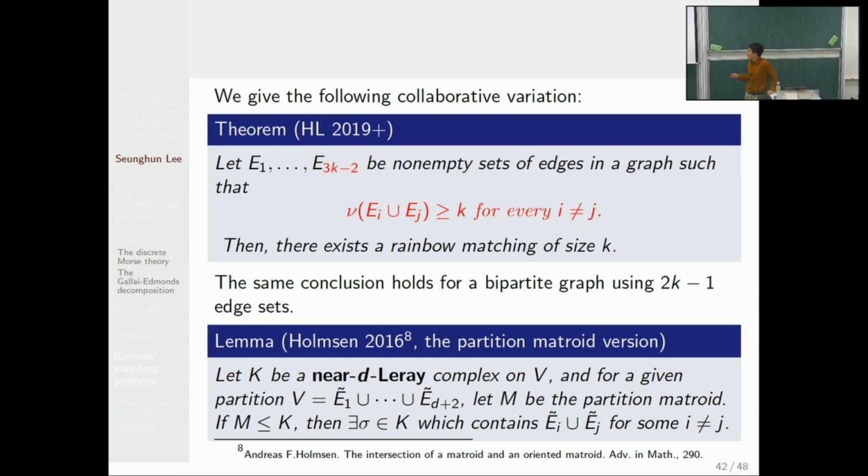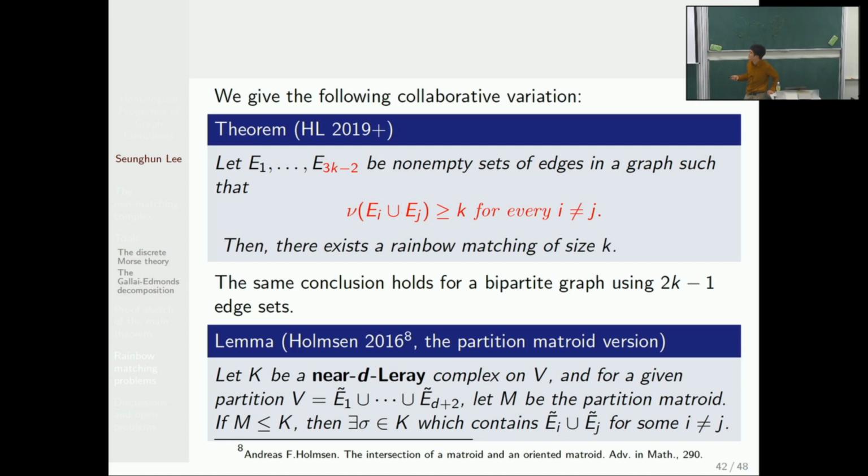If K is a near Leray complex on V, and for a given partition, let us define M to be the partition matroid. If M is a subcomplex, then there exists a face sigma which contains some two edge sets, a union of two edge sets for some distinct indices.